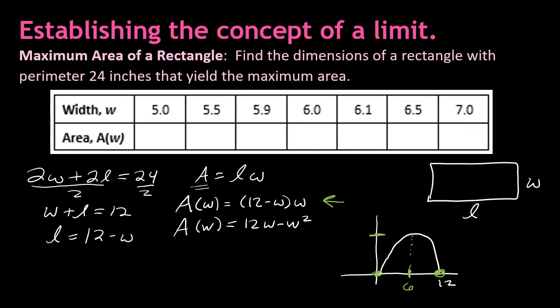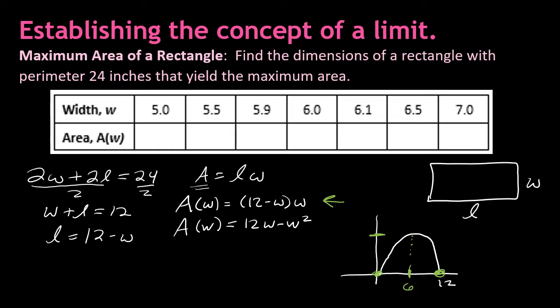I can look at my parabola and tell that for sure, but let's look at it in terms of limits. So go ahead and turn your calculator on, go to y equals, and type in the equation. It'll be 12x minus x squared. Once you have that equation typed in, I want you to go to your table setup.